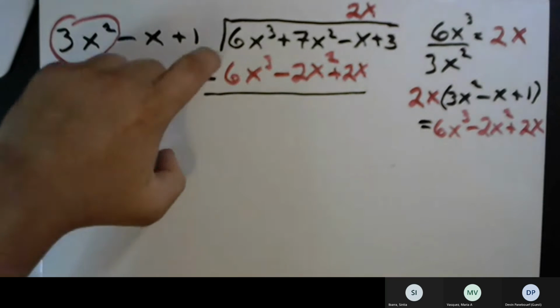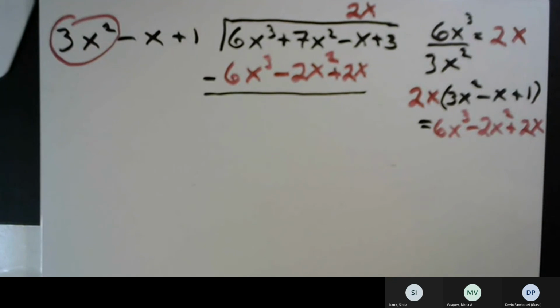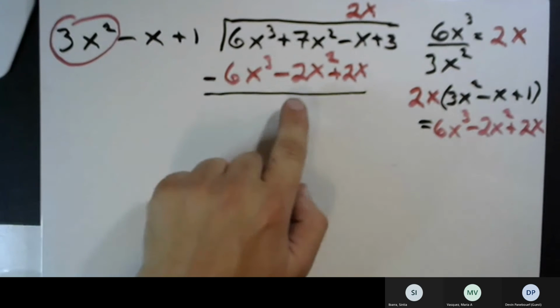So subtracting, 6x³ minus 6x³ is 0. 7x² minus -2x².